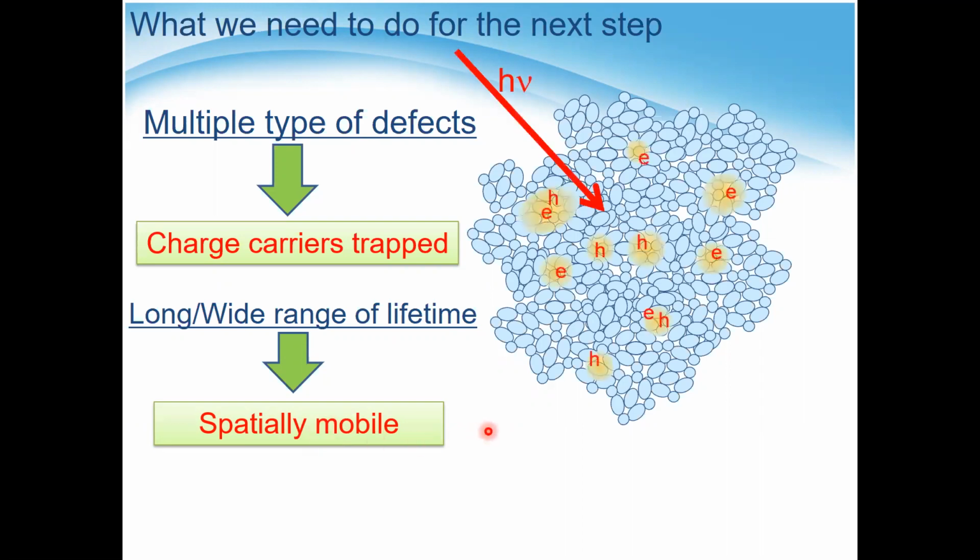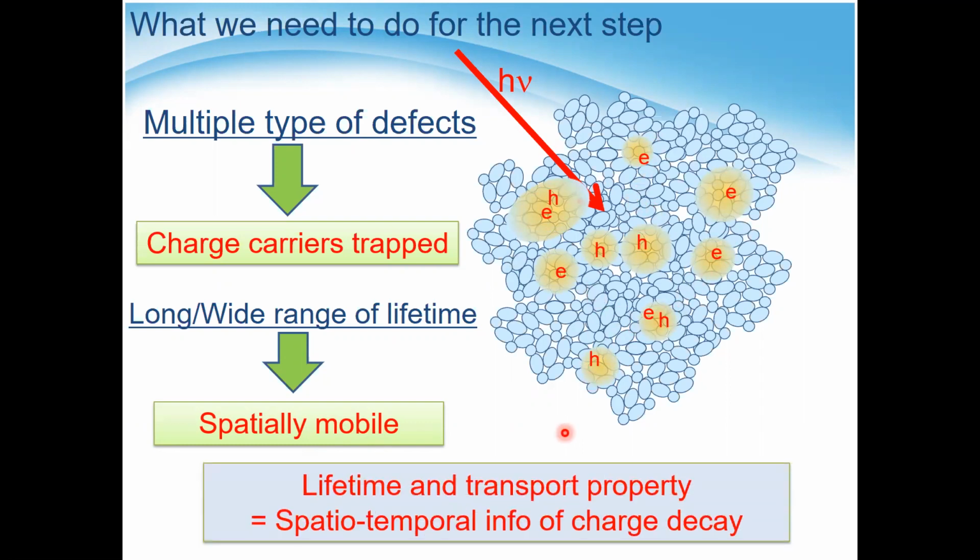So what happened when the light is illuminated here is the charge carriers are not generated homogeneously, but locally generated like this. And then they might move around. So to understand these properties of charge carriers, we need to develop a new type of analytical method to obtain the lifetime and the transport properties. So spatial temporal information of charge decay is necessary.